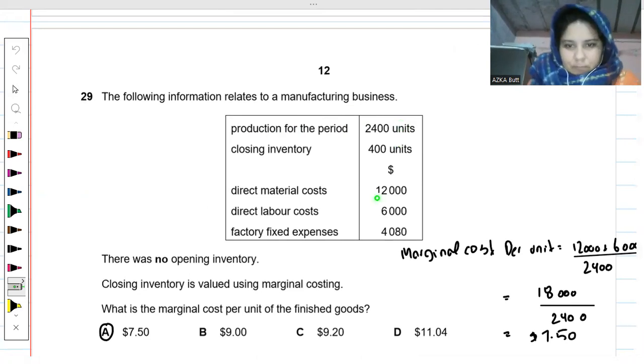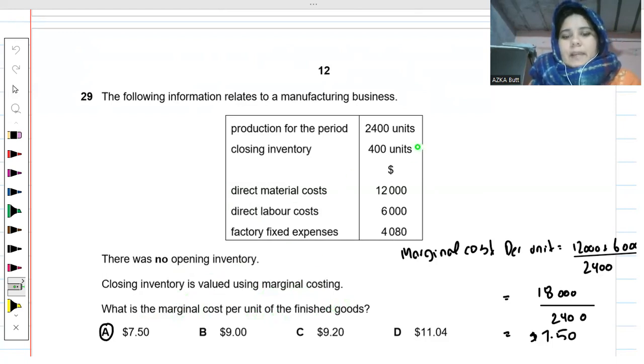We have direct material cost, direct labor cost and the factory fixed expenses. We know that the first two costs are direct costs, but this one is your indirect cost. There was no opening inventory. Closing inventory is valued using marginal costing. What is the marginal cost per unit of the finished goods?